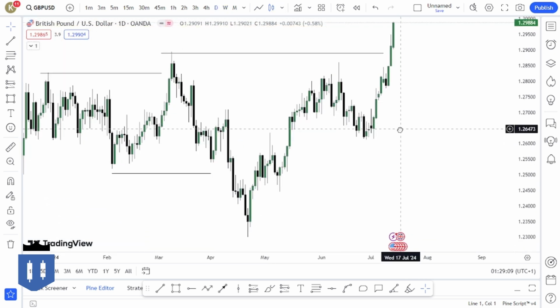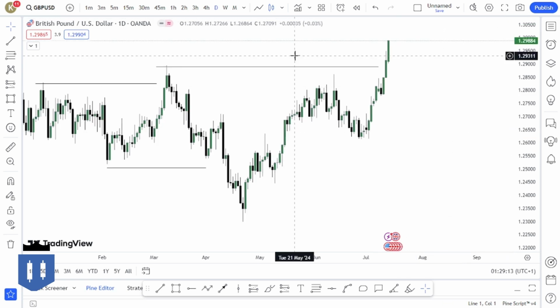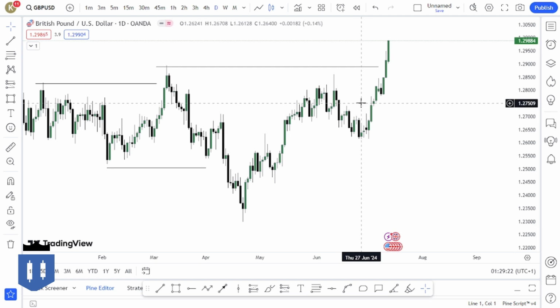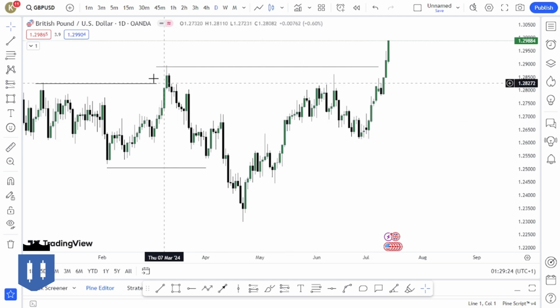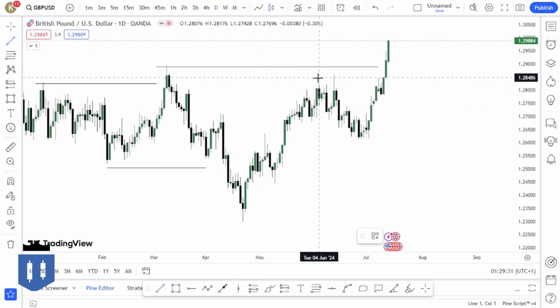So on the daily, do you have any mitigated POI or whatever on the daily from GBPUSD? Do we have? So we have a liquidity sweep here.